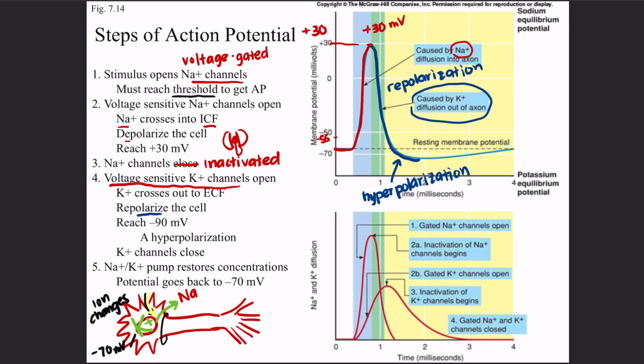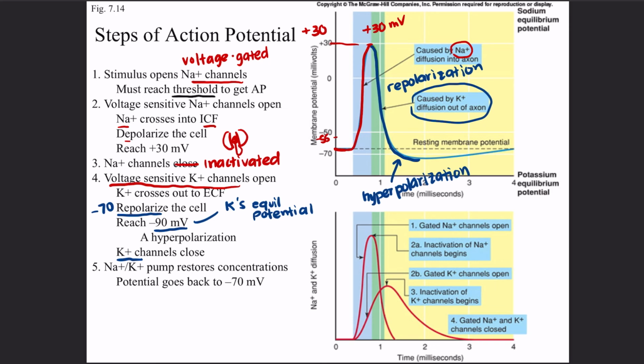So it repolarizes the cell, and then it goes even past negative 70, all the way to negative 90. I want to remind you that negative 90 is potassium's equilibrium potential that we talked about in the previous video. So this is hyperpolarization. Once it reaches negative 90 millivolts, those voltage-gated channels can now close. And it stays this way until the sodium-potassium pump restores the concentrations and the potential goes back to negative 70 millivolts.